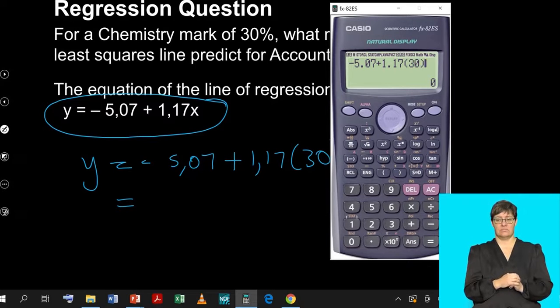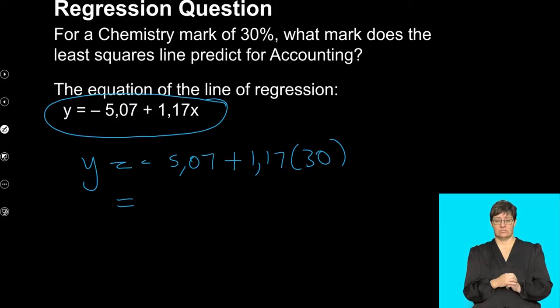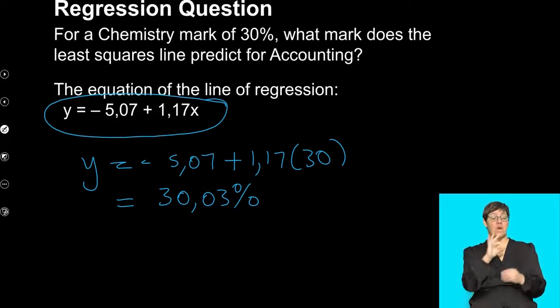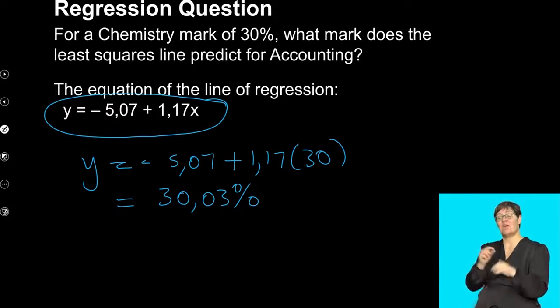What is my accounting? That's what I get, about 30.03 percent. So if you get 30 for chemistry, the prediction, the forecast, is about 30% for accounting.